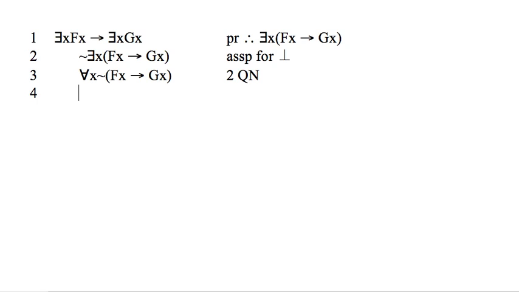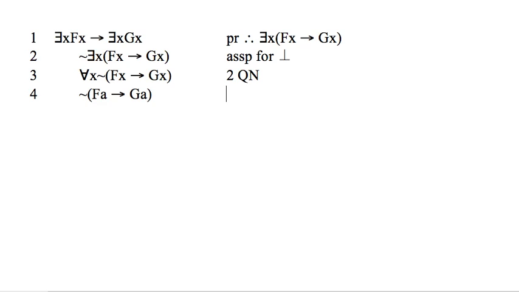Instantiating to an existential name isn't a good idea either. The only reason you should do that is when you're either forced to, because you're doing EI, or when there's already an existential name in the proof and you're trying to get things to match. So good proof technique here says instantiate to any name whatsoever. We'll just pick the name A because it's handy and convenient.